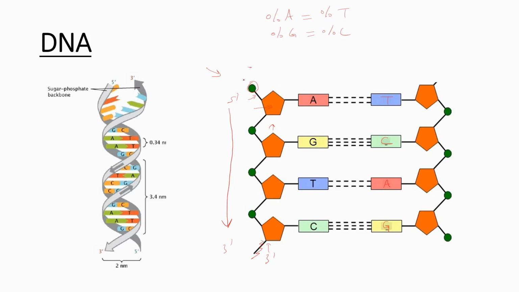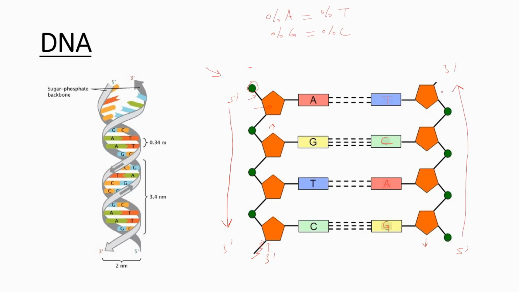So it's up here. Now you can see on the left-hand side, the backbone is pointing downwards. So the ribose is pointing downwards. And this tells us that the 5' end is below here. And this means the 3' end is going to be above there. The 5' to 3' is going in this direction.